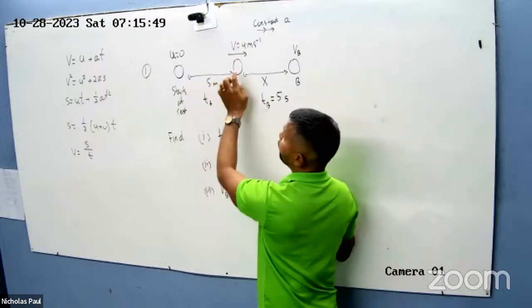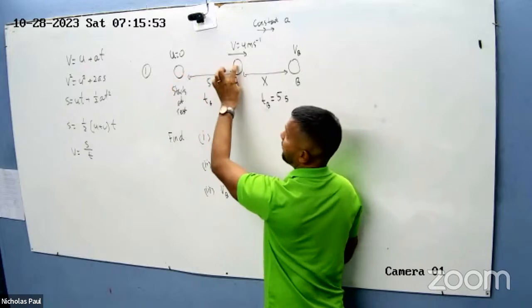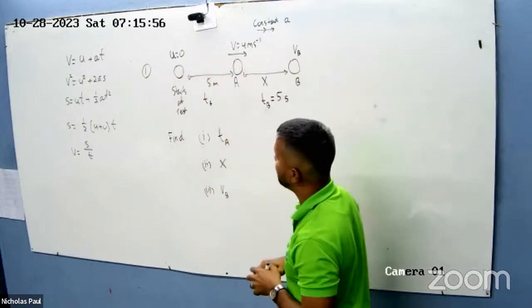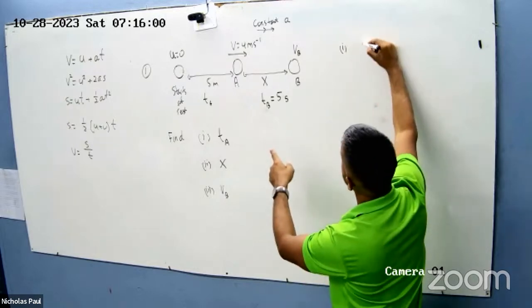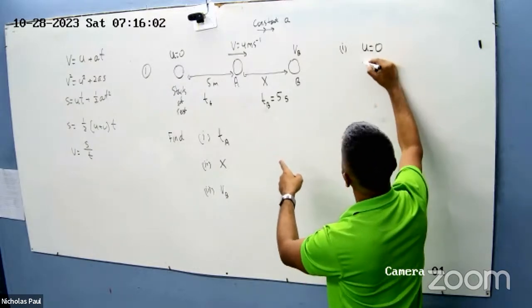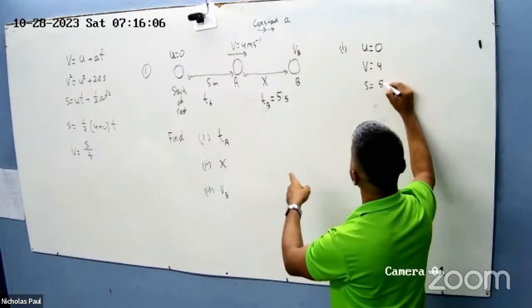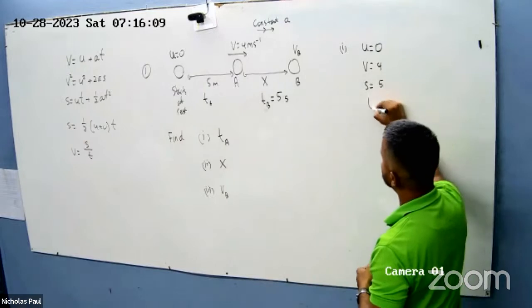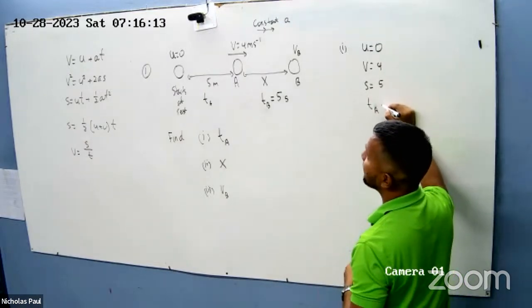It reached a velocity here of 4. It wasn't constant. It was 0 and it reached a velocity of 4. So part 1, let's write down what we have. The initial velocity is 0, the final velocity is 4, and the displacement is 5. They want us to find T, the time it takes to travel from there to there.